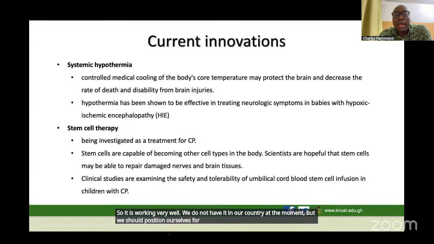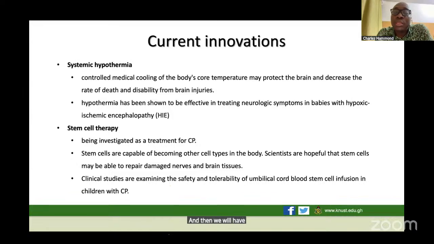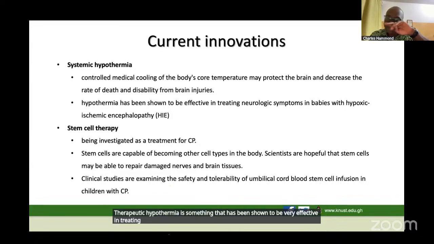And most of our neonatologists will begin to take this up soon, I'm sure. And then we will have most of our babies being cooled. So therapeutic hypothermia is something that has been shown to be very effective in treating neurologic symptoms in babies with hypoxic ischemic encephalopathy. And I think we should begin to move towards that.